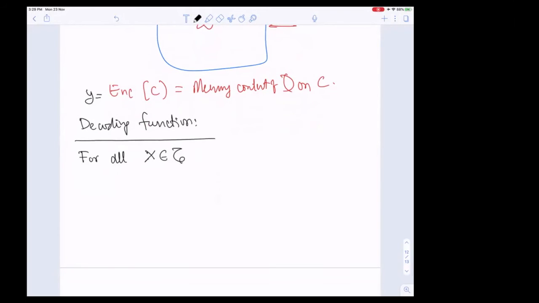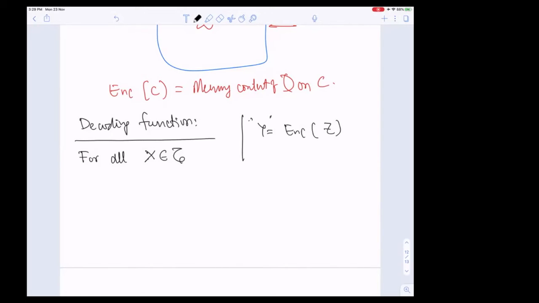For all x in C, we will do the following, okay? Now, here, suppose y is the memory content, so suppose here is some encoding of, say, some string z, okay? This is what y is, for some set z.